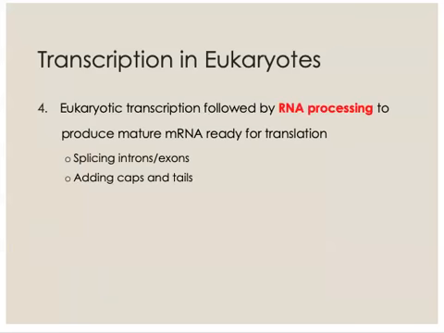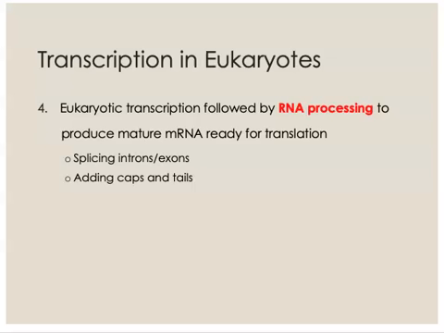And the last difference to know about eukaryotic cells is this. The messenger RNA that gets made in a eukaryotic cell is going to be heavily processed before it will be used for the process of translation. By processing, I mean that it's going to be spliced, it's going to have pieces taken out of it, and it's going to have other things added to it.